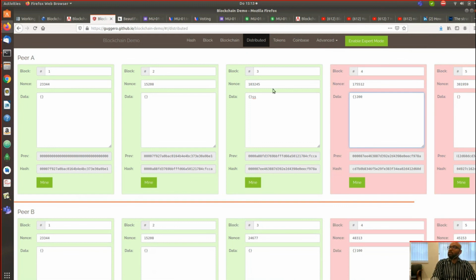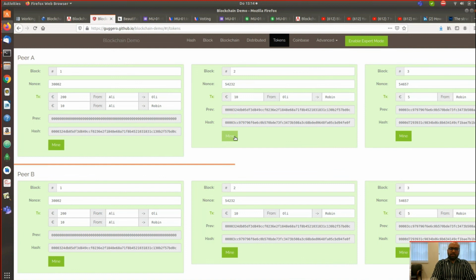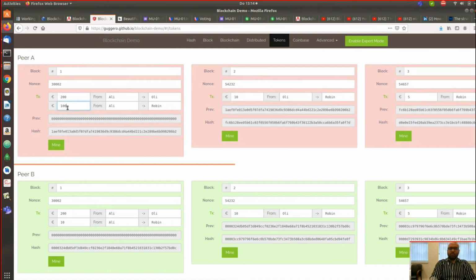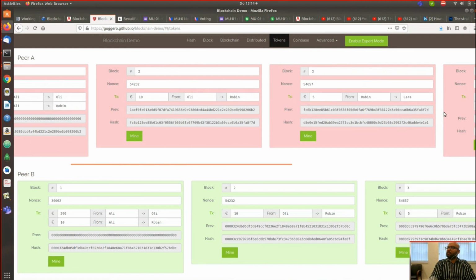Once you know the block, once you know how proof of work works, the distributed system keeps one single source of truth. If it is not making sense to you, maybe because you don't understand the data, let's put it in real data terms, where Ali is sending Oli some money and Ali is sending Robin some money. If I change this, the whole blockchain will change. Everything is red.